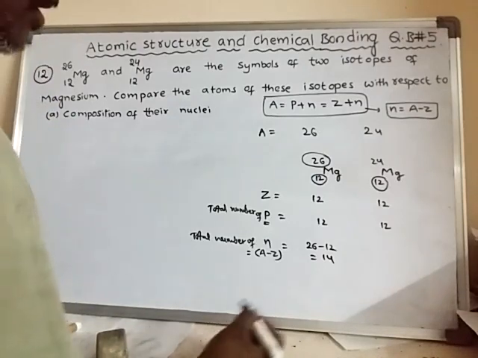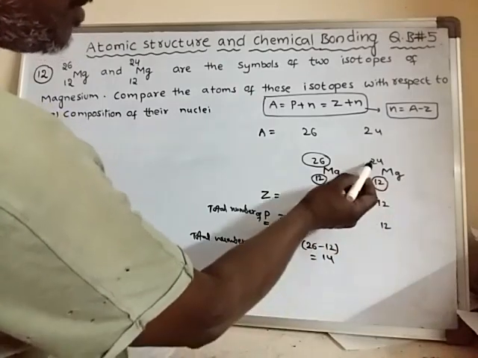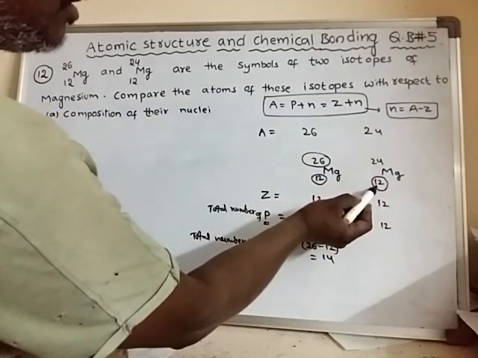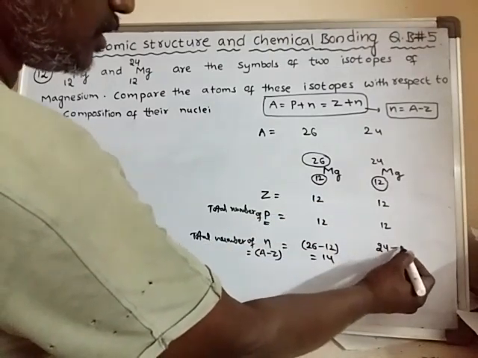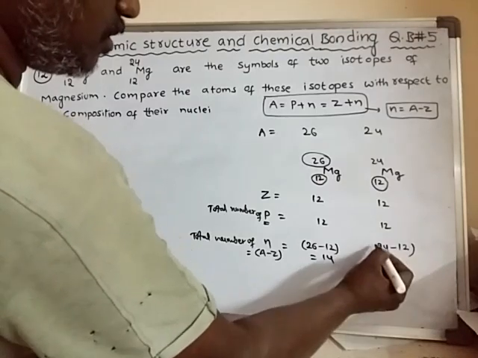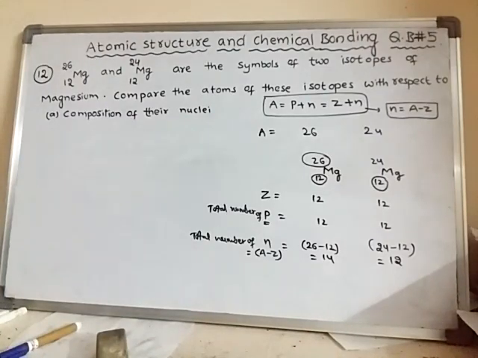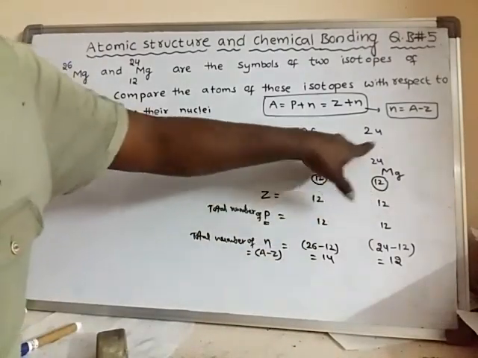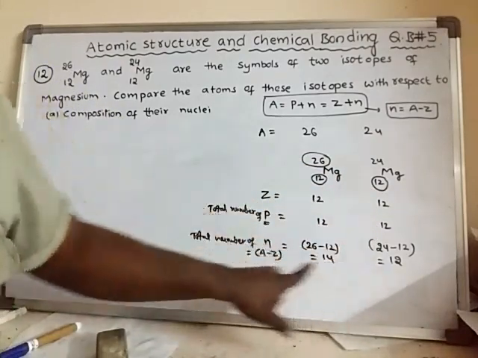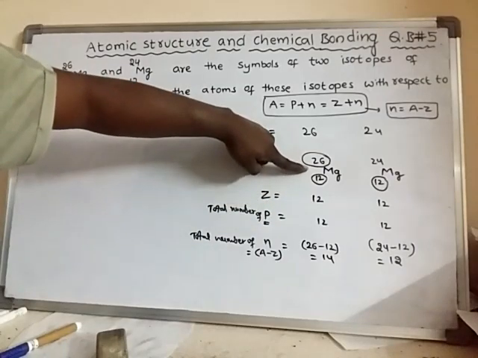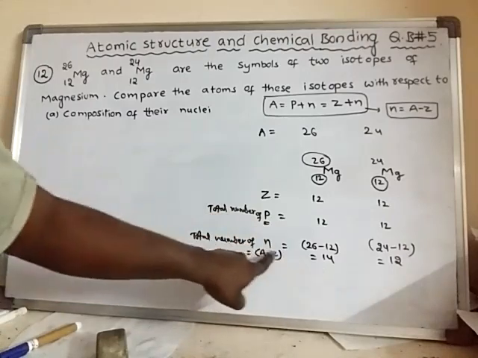In this atom, the atomic mass is 24 and the atomic number is 12, so atomic mass minus atomic number gives the total number of neutrons. So in this particular isotope of magnesium, there are 12 protons and 12 neutrons, whereas this isotope of magnesium possesses 12 protons but 14 neutrons.